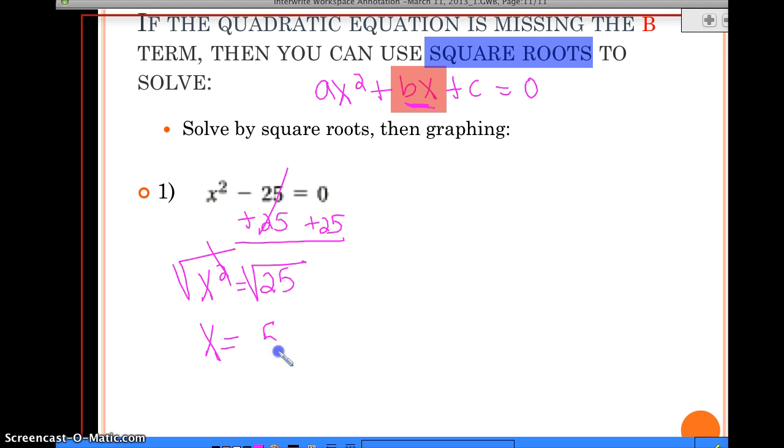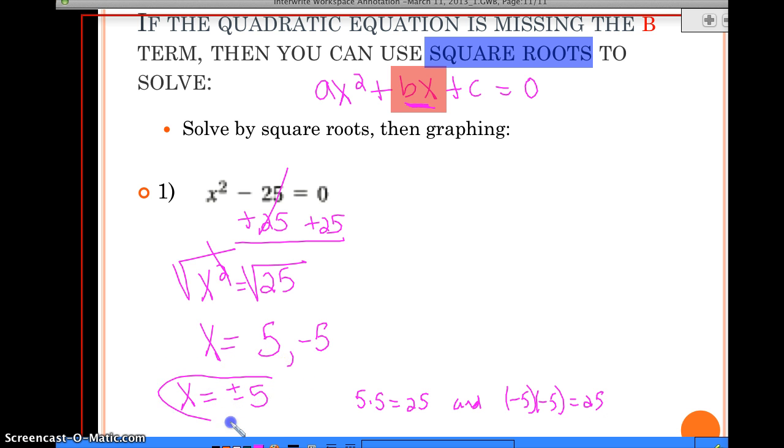Well, that's true. However, 5 times 5 is 25, and let's not forget that a negative times a negative is also a positive 25. So there's two answers. It's 5 and negative 5. You will see math people will typically write it as plus and minus 5. So those are my roots.